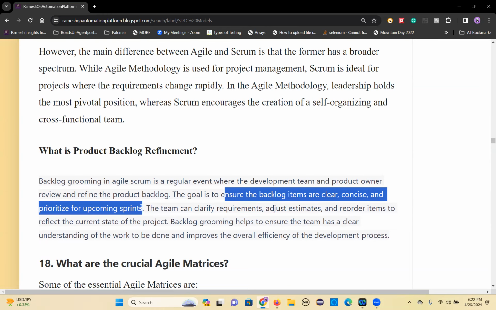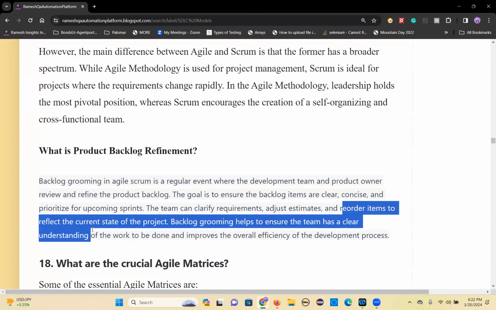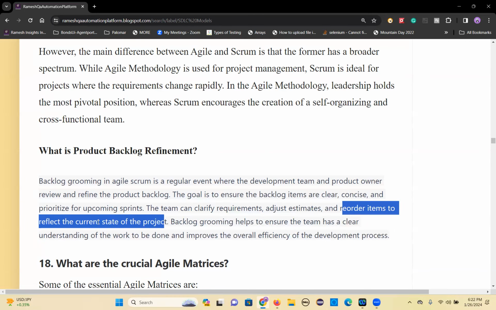Okay, these are the tasks you are going to take up in the next sprint. Are these requirements clear, or do you need any more information? They will add all the points to every user story. So the team can clarify requirements, adjust estimates, and reorder items to reflect the current status of the project.